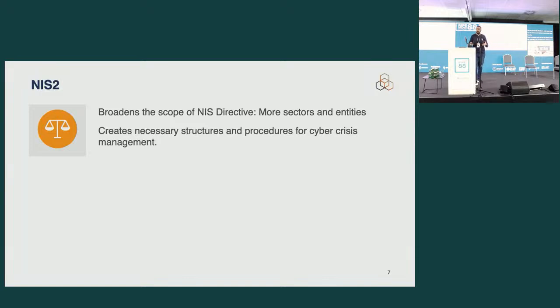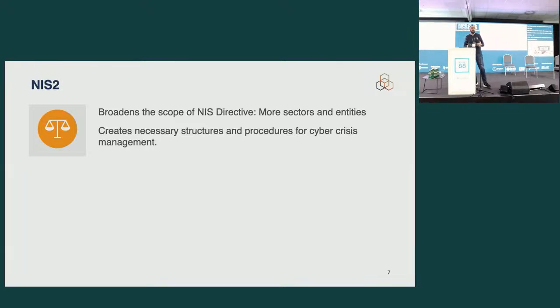You might be familiar with the NIS directive that was issued back in the day. Well, NIS Directive 2 is here to broaden the scope of the entities and sectors that fall under the NIS directive. It introduces the necessary structure and procedures for cyber crisis management.